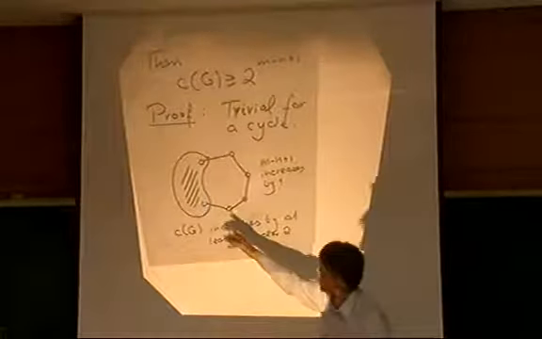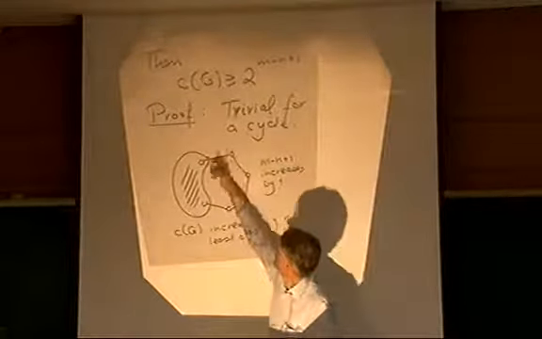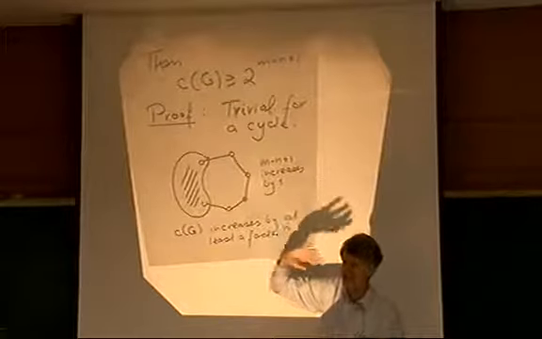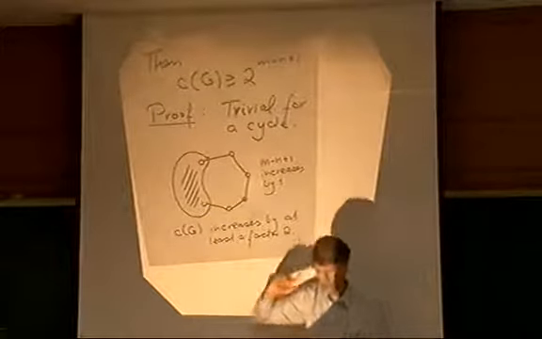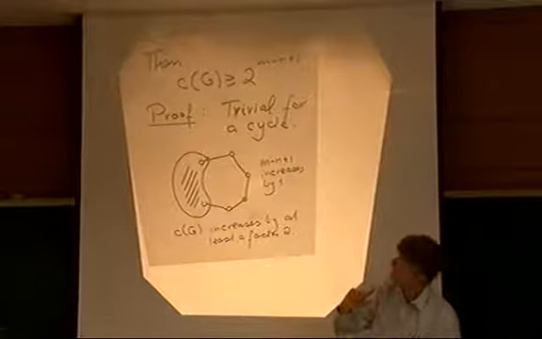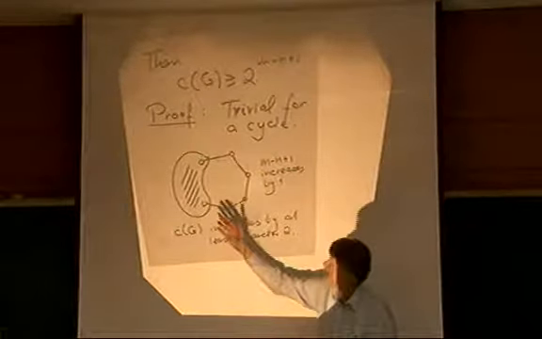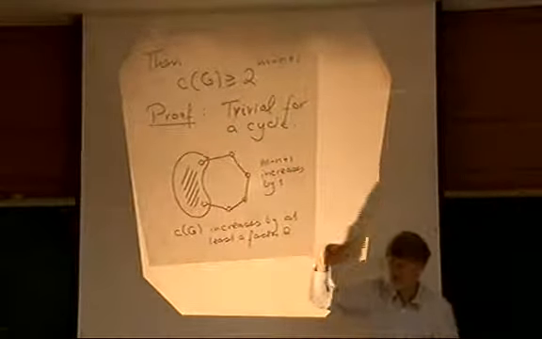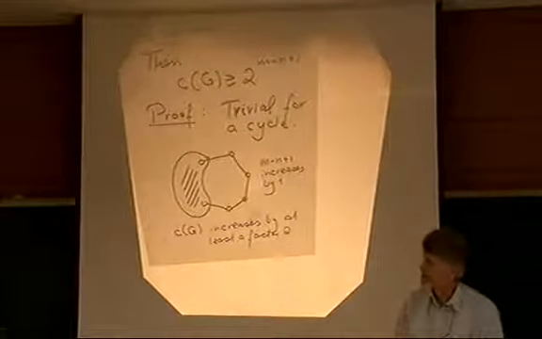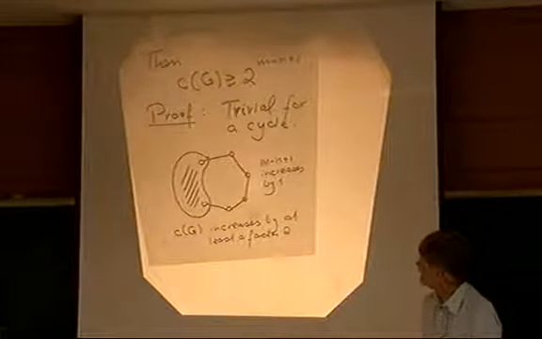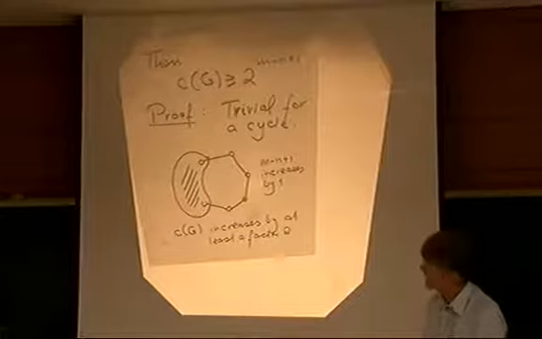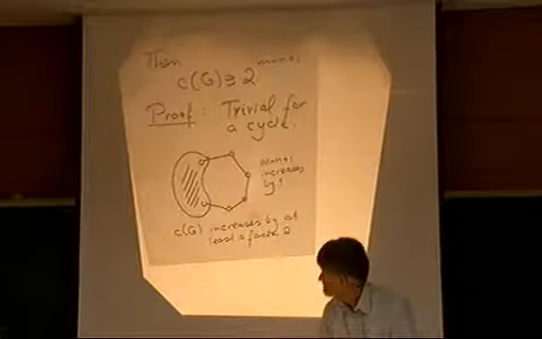So I have a current graph, and then my operation is I add this, then I still get a bridgeless graph. Conversely, if I have a bridgeless graph, it can be obtained from a cycle by using this operation. And the proof is not difficult. The proof is rather easy. I'm not going to give the proof, but it's certainly not difficult at all.